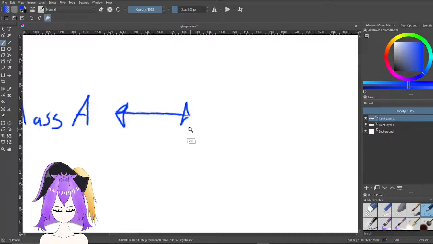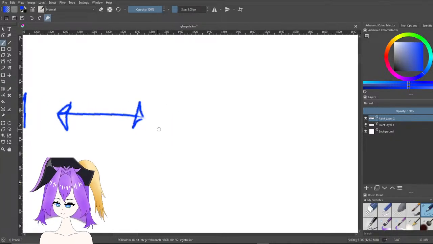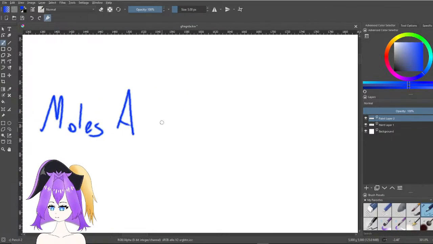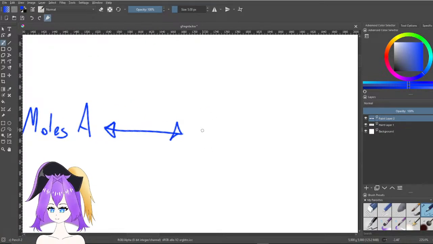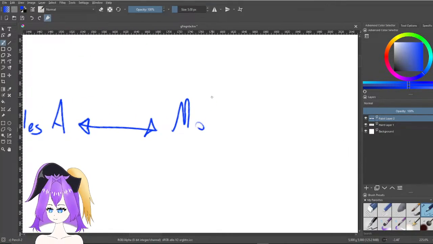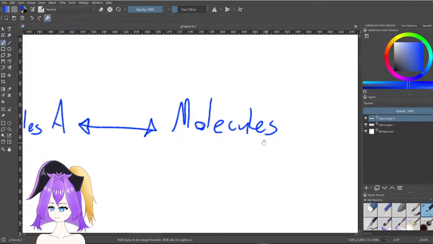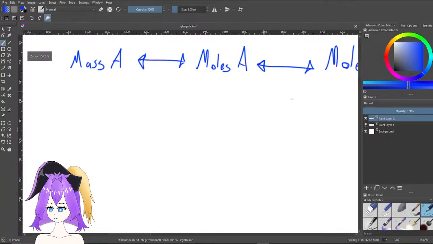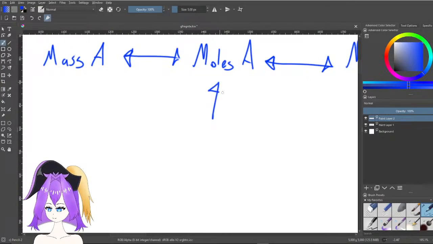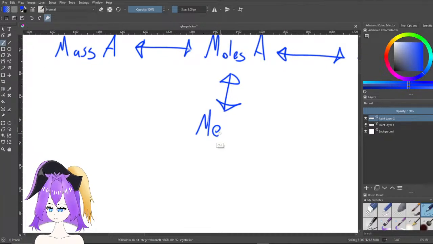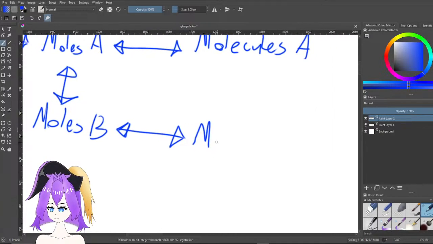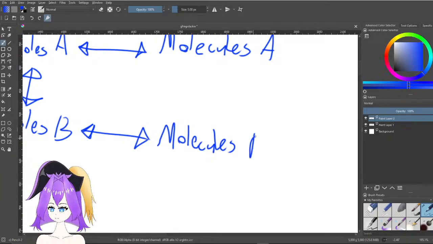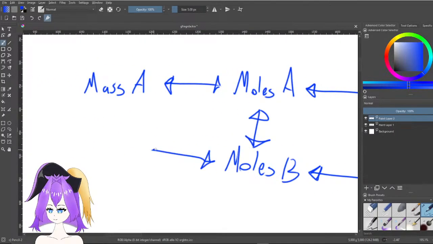So this is called stoichiometry. We go moles of A, and then moles of A into molecules of A. But if we want to go to B, moles of B to molecules of B. We get another arrow.